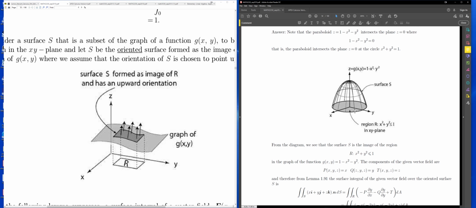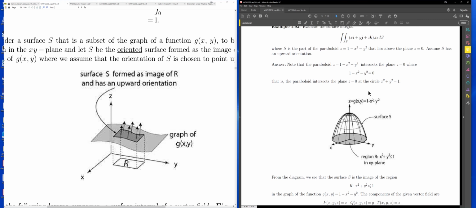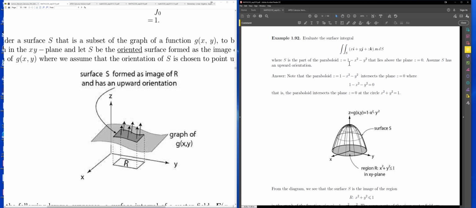To get your region R, you project S onto the xy plane. In this case, the region R would be a disk of radius 1. So now I know what the S is, I know what the R is, and I know what the g of xy is: 1 minus x squared minus y squared.